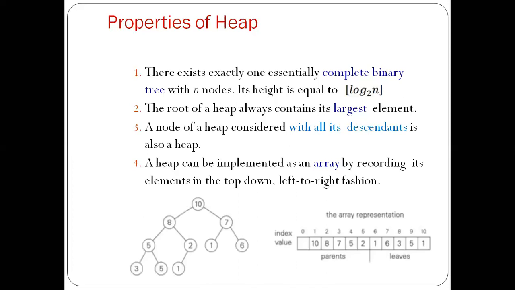We will see how this is done with this example. It stores the elements in the array level by level. In the first index, 10 will be stored. Then in the second and third indices, 8 and 7 will be stored.